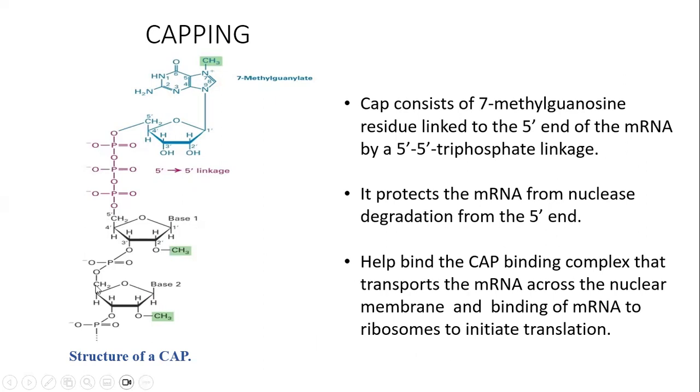But in the case of capping, we have involvement of the 5' phosphate of the 5' terminal base of the RNA molecule and the 5' phosphate of the external guanosine nucleotide. As a result, a 5'-5' triphosphate bond is formed.